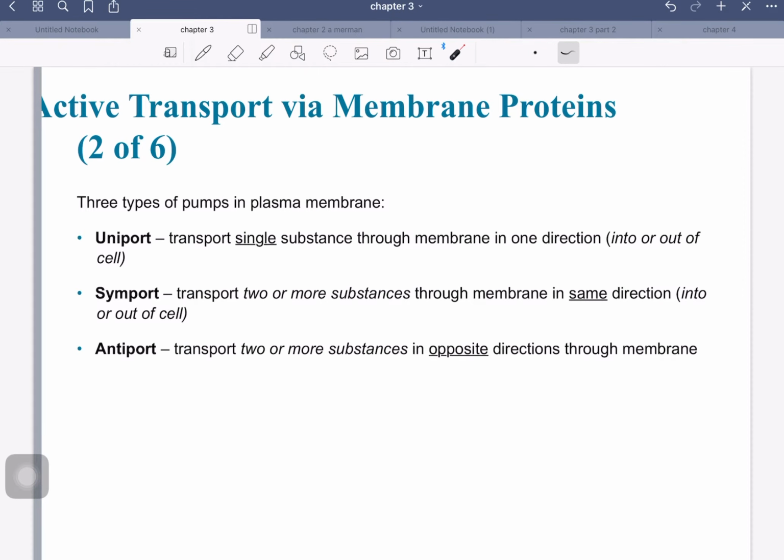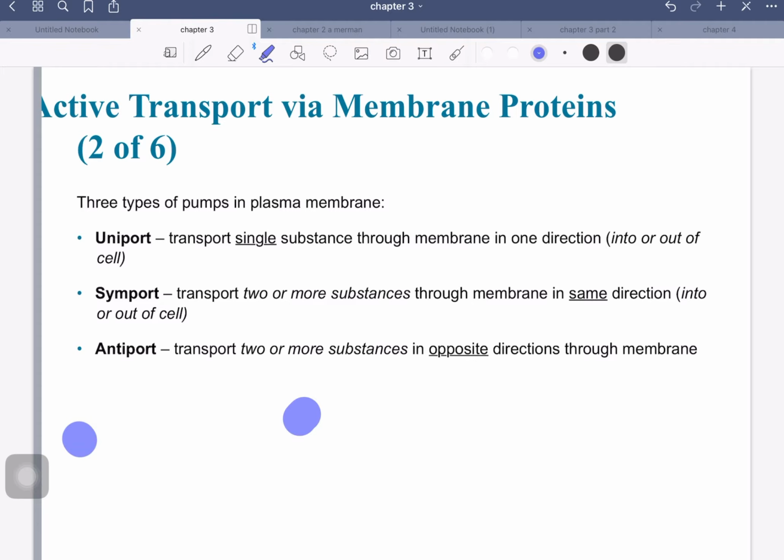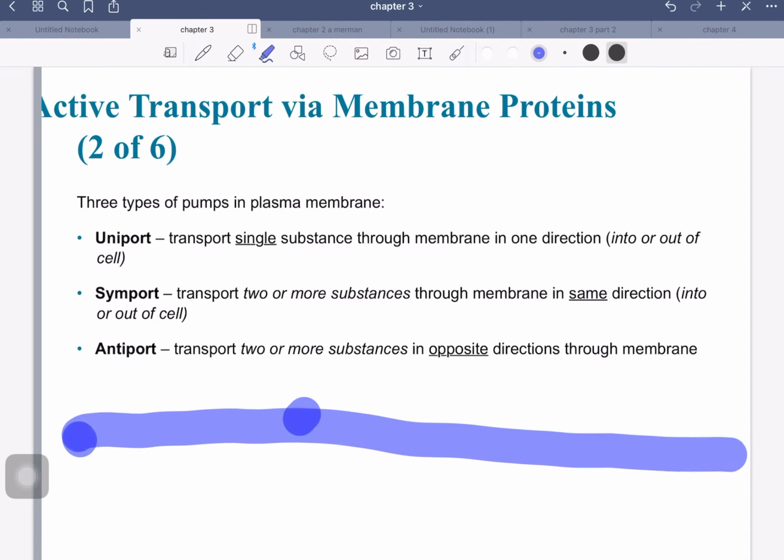So let's start with some definitions, and that is talking about things like uniport, symport, and antiport. So let me draw. This is a cell membrane right here. Now, a uniport is the transport of a single substance through a membrane in one direction.